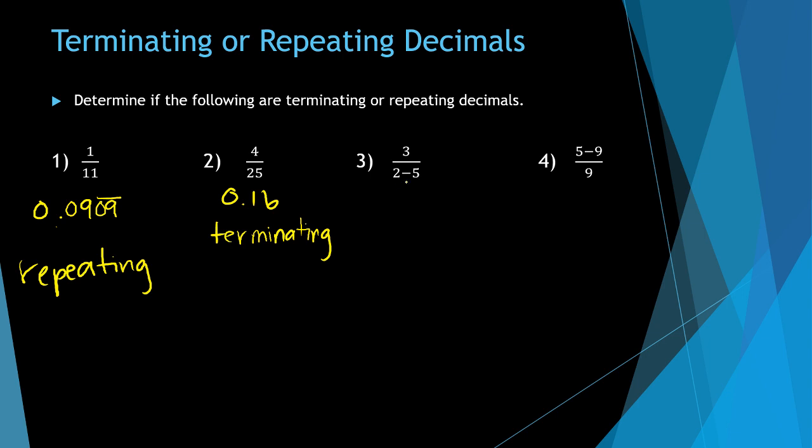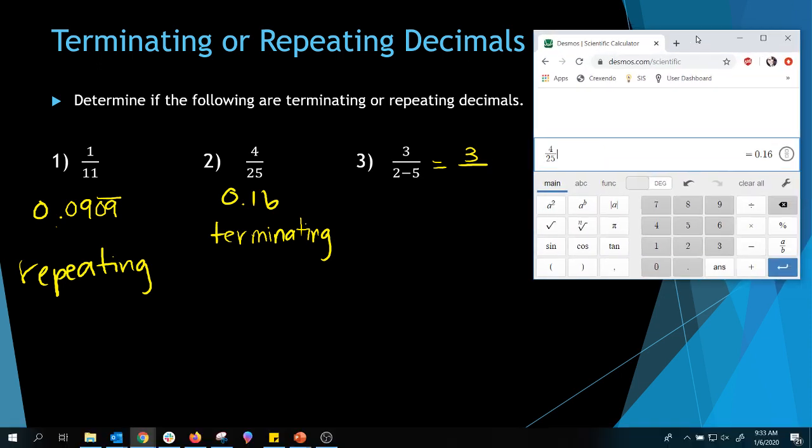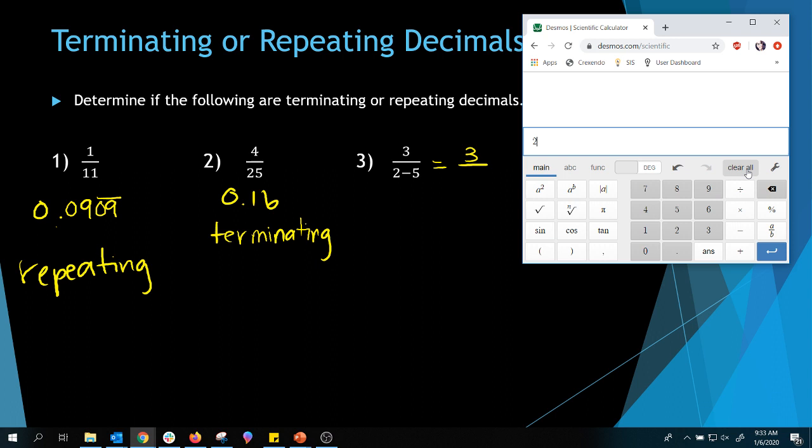Now this one here, you might be thinking, what is this? Because there's this 2 minus 5 in the bottom. What we're going to do is just subtract those first. So I have 3 over 2 minus 5, which gives me negative 3, so I have 3 over negative 3, which is negative 1.